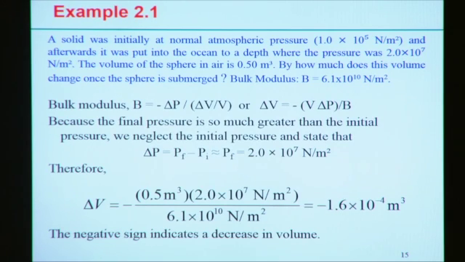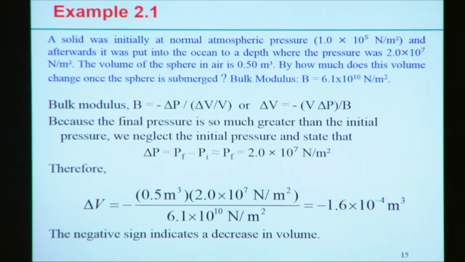Let us look into one example to understand the different moduli, specifically the bulk modulus in this case. A solid was initially at normal atmospheric pressure, that is 1 into 10 to the power 5 Newton per meter square, and afterwards it was put into the ocean to a depth where the pressure was 2 into 10 to the power 7 Newton per meter square.